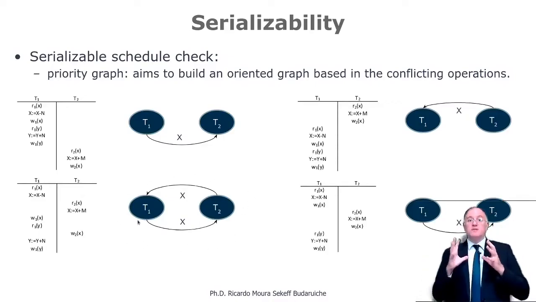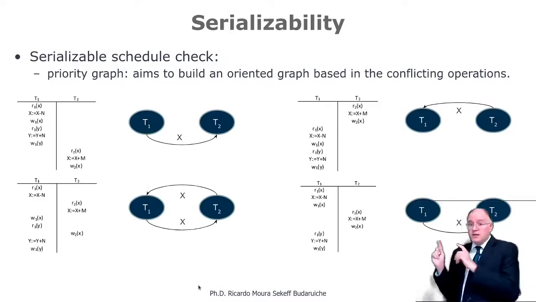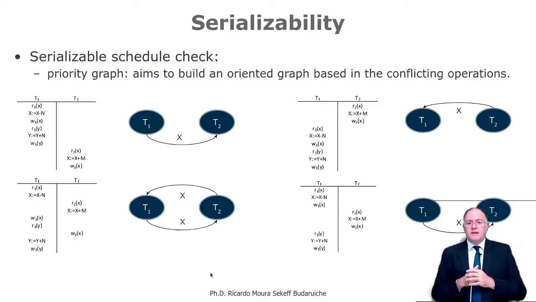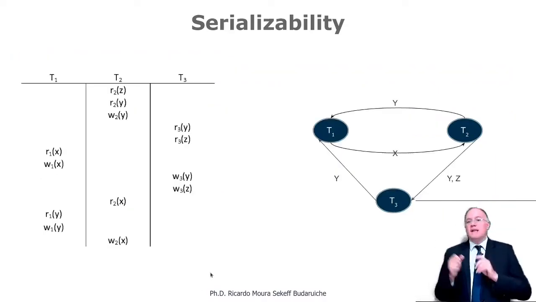It's important to look at these cyclic operations. For example, there's another schedule here that seems to be non-serializable. But if we follow the arrows using the labels as a guide, we can see that we cannot start and end in the same node following arrows with the same label.